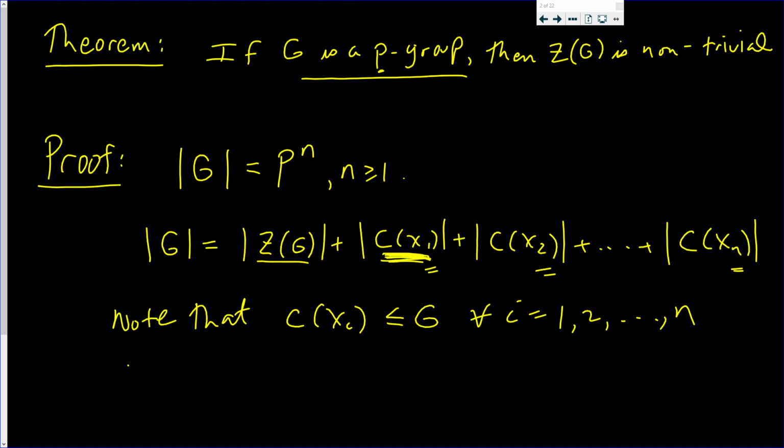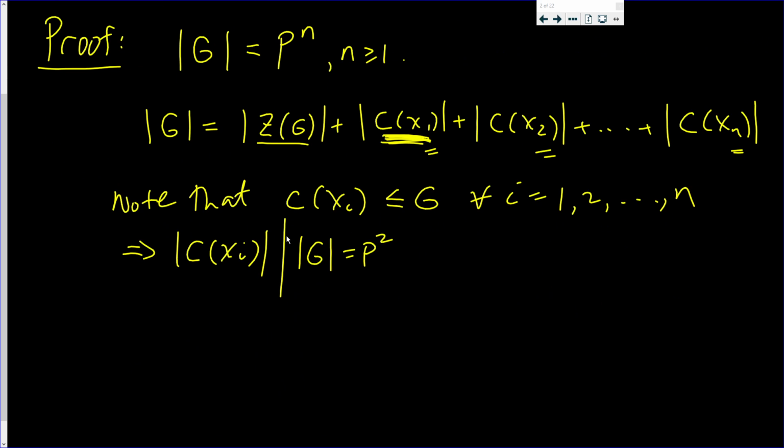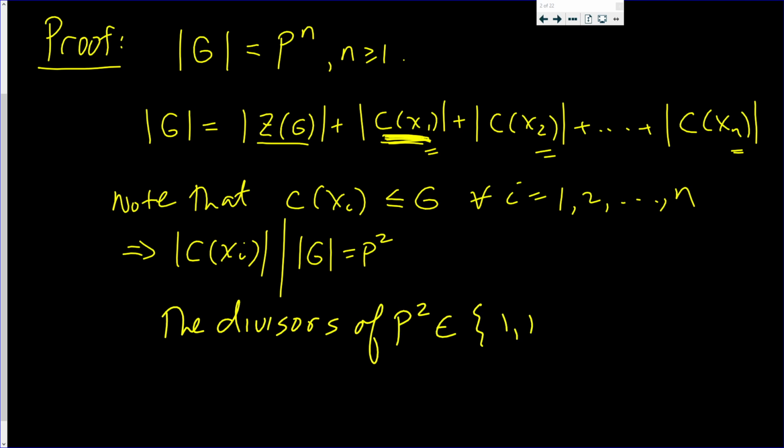But that implies, by Lagrange's theorem, that the order of the class of xi must divide the order of G, which is p squared. The divisors of p squared lie in this set: 1, p, p squared.